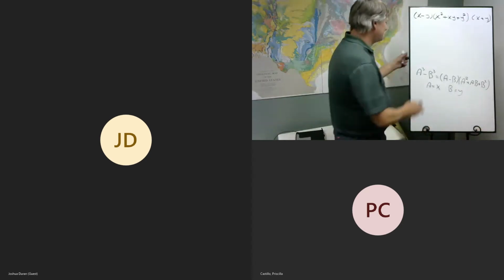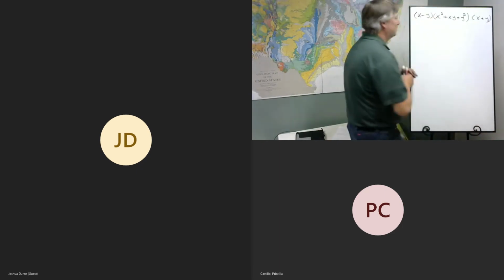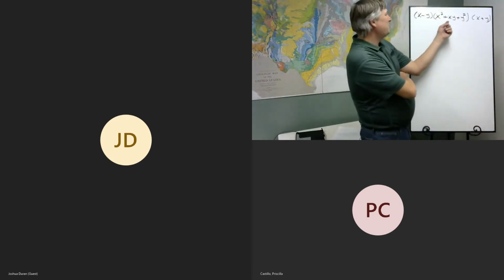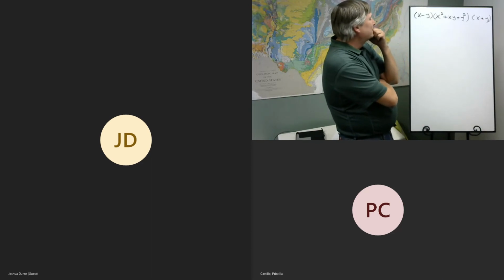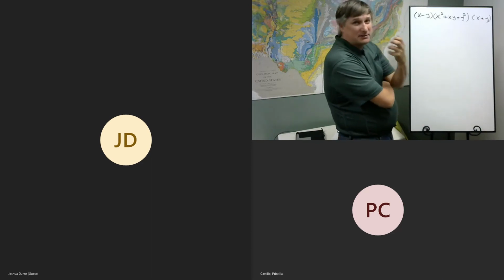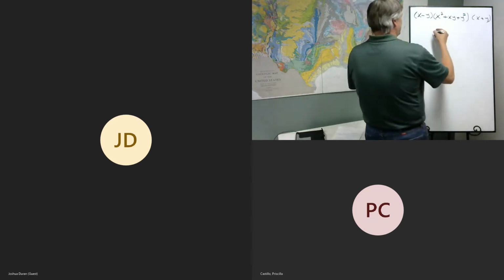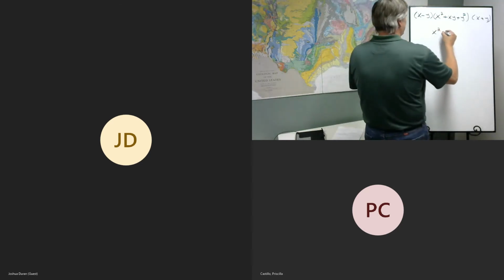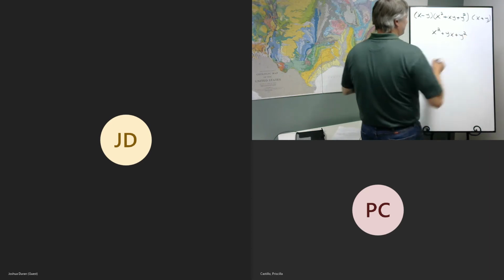Now, lastly, can we do anything with this? Well, we could treat it as something in terms of x. So we can call this x squared plus yx plus y squared.